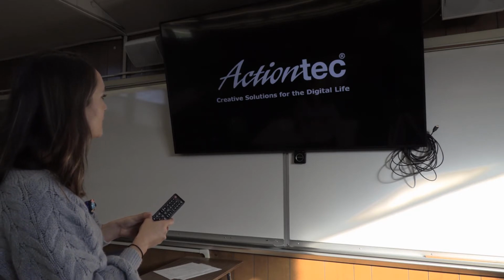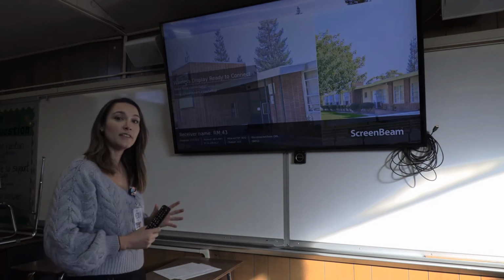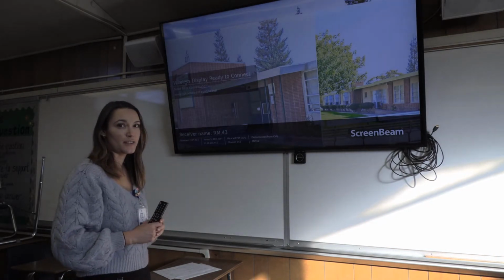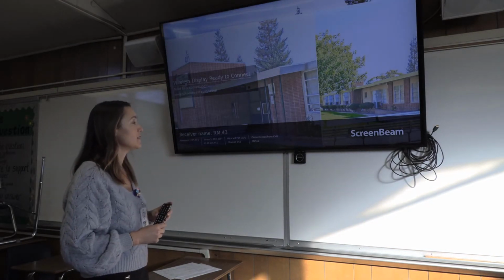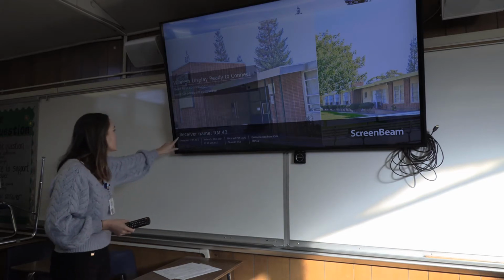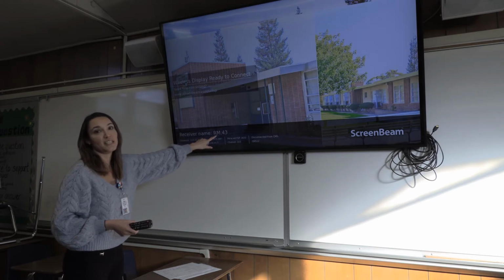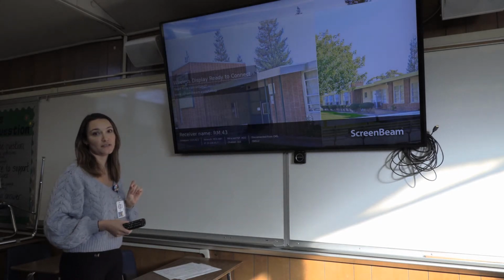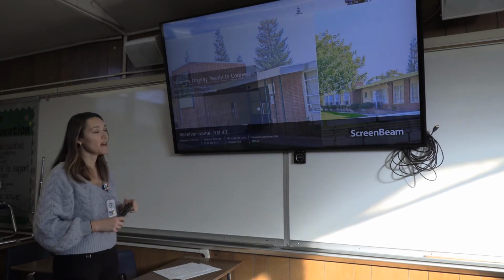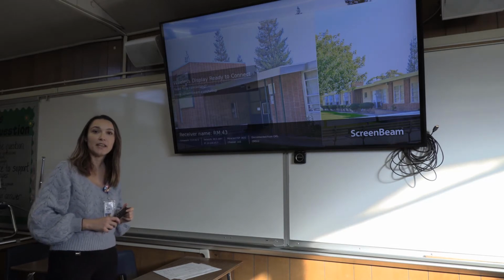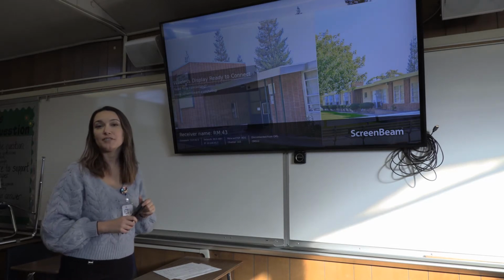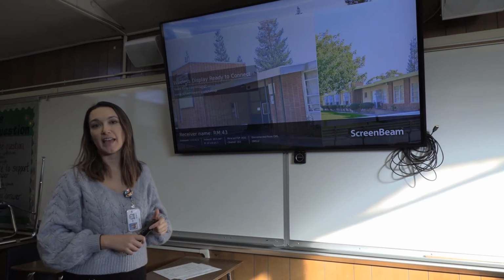So we're going to wait for it to load. Now the screen that we want to see when we turn on the TV is this one right here. It has our receiver name, so this is an important piece of information that we're going to need when connecting using our Surface Pro. Okay, so now that we're in the correct input, let's go on and see what we need to do in our Surface Pro to connect to the ActionTek.